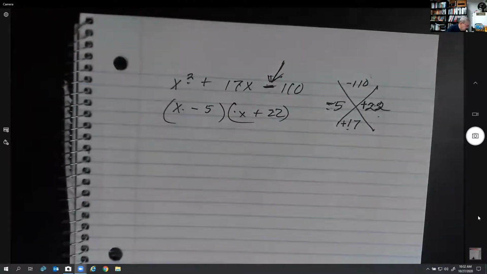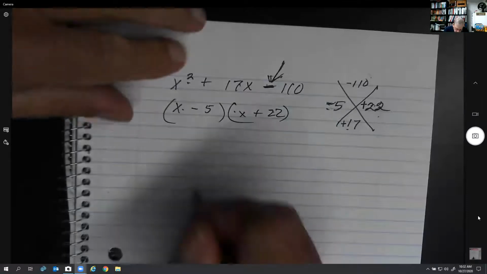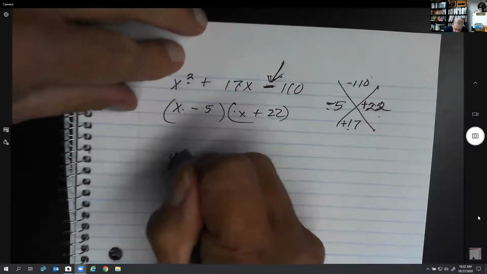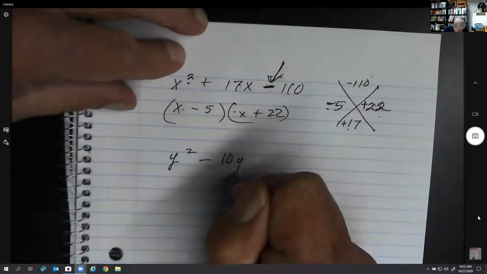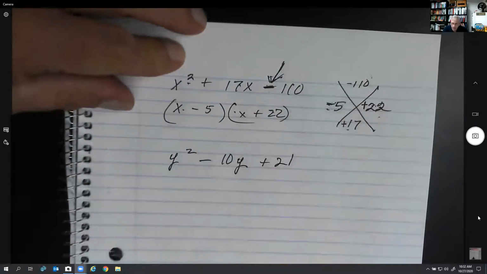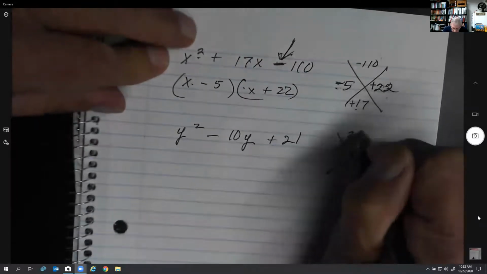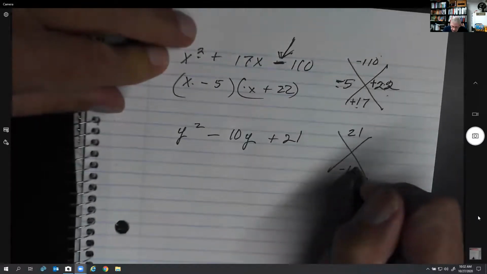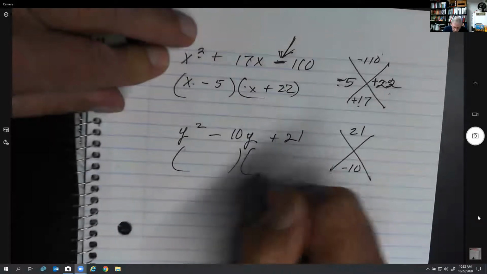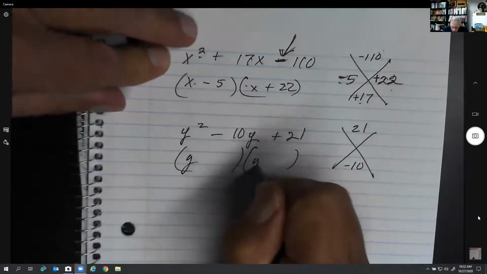So let's try another one of those, see if we can do it. Maybe not quite as hard. Let's see if I can find one in your assignment here. How about this one? This one's fairly easy. Okay. I need a positive 21, but a negative 10 here. This is going to be y, this is going to be y.